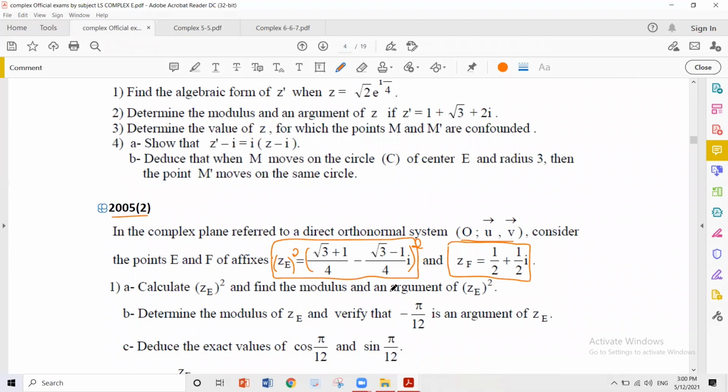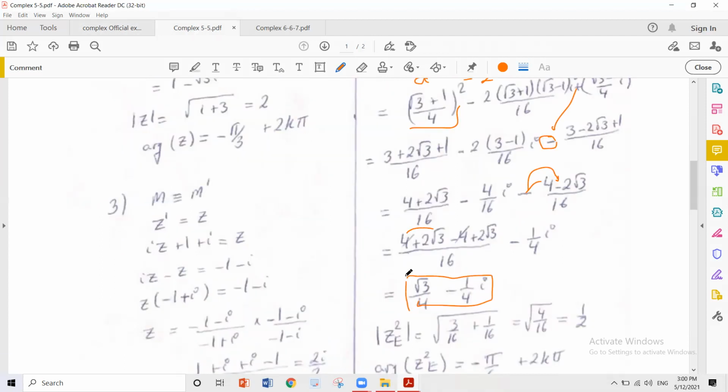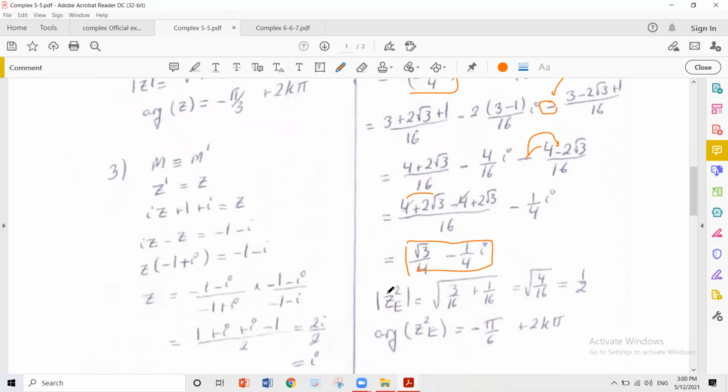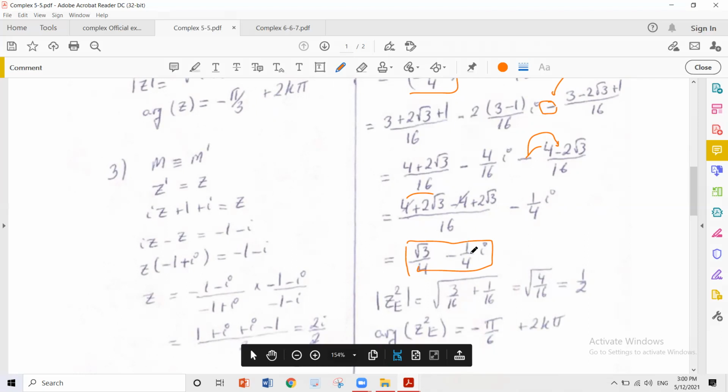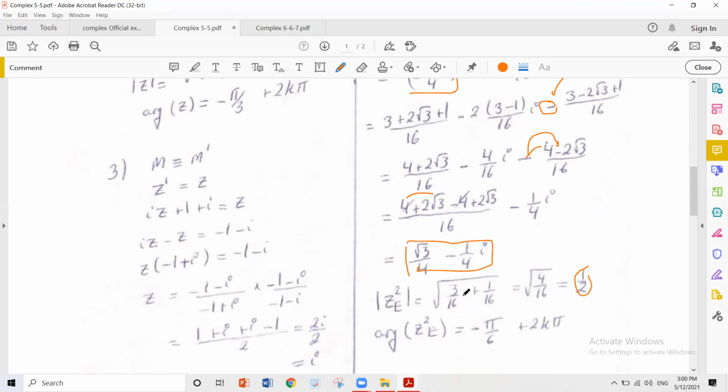And find the modulus and argument of ZE squared. The modulus of ZE squared is radical of A squared, 3 over 16, plus B squared, 1 over 16, equals radical 4 over 16, equal half. Radical A squared plus B squared.